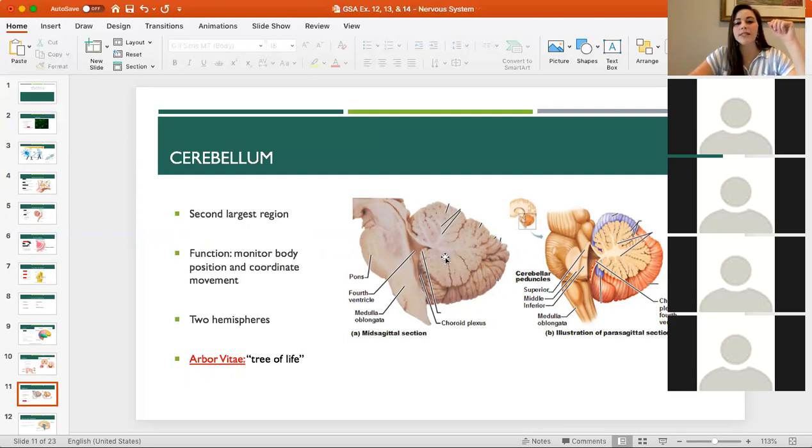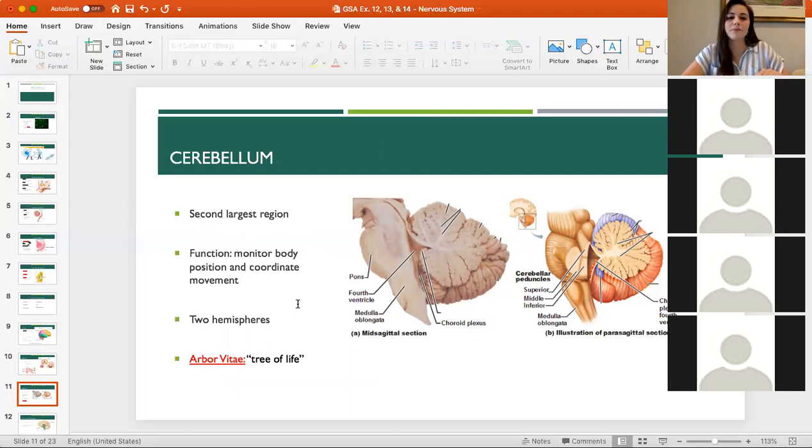And we see this unique structure, it's really cool looking actually, called the arbor vitae. It's these little white projections that you can see right in here that flow throughout the whole cerebellum. You can see it really well on the sheep brain dissection video that I have posted as well.